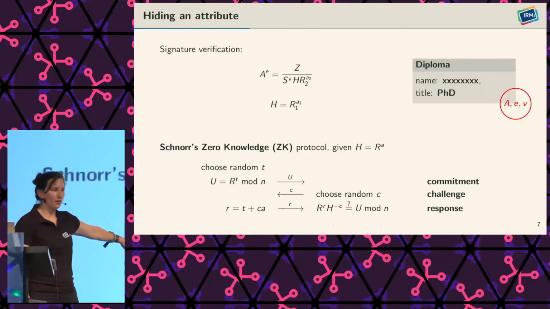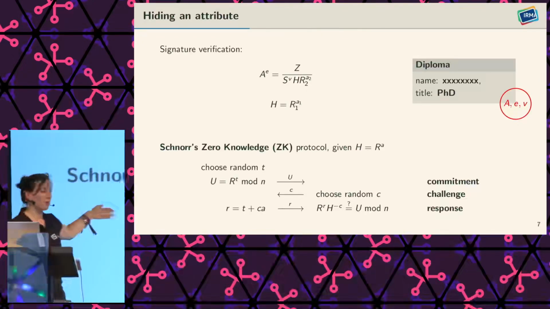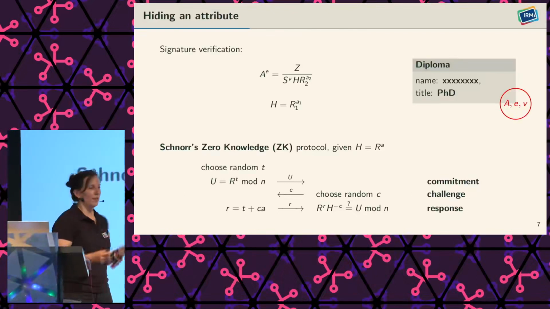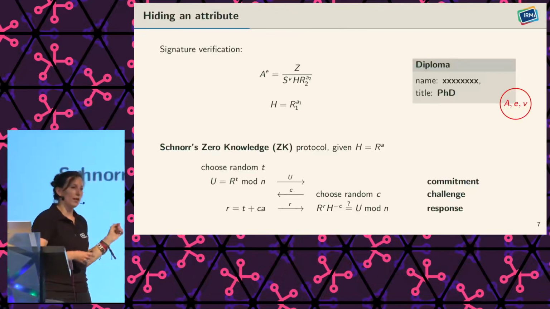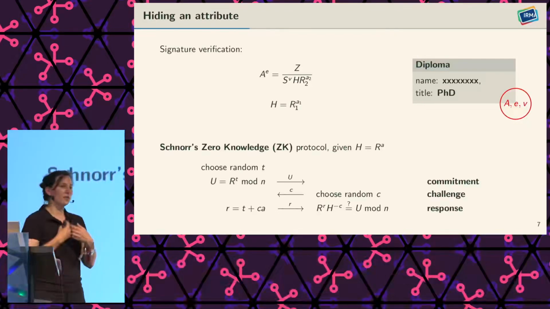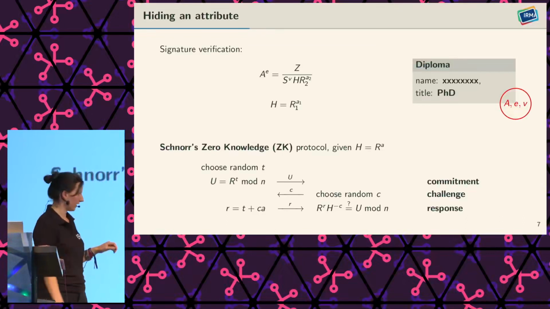Now, on the left-hand side, we have we the prover, and on the right-hand side, we have the verifier. It starts by choosing a random value t, which is really big. Then we calculate u as r to the power of t modulus n, and send u over to the verifier. This is called the commitment phase.